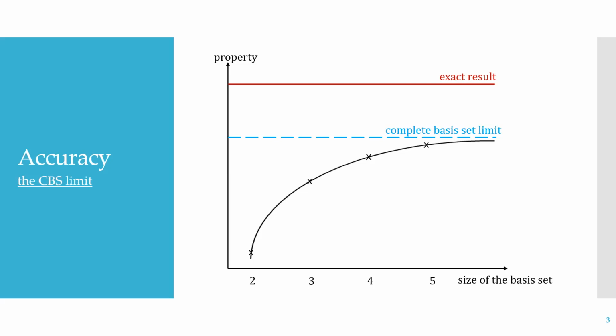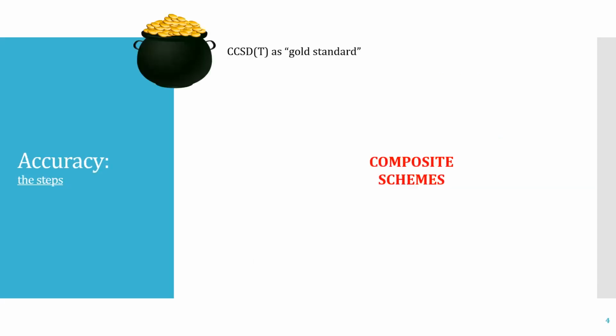They include in a specific form the interactions between electrons. This function allows us to reduce the size of the basis set we have to employ to carry out the CBS limit, and therefore we can employ double and triple zeta quality basis sets to extrapolate results that are of the same quality, for example, of a quintuple zeta basis set.